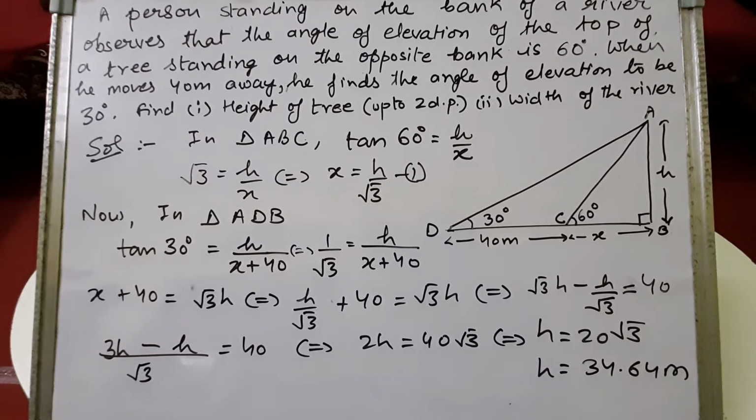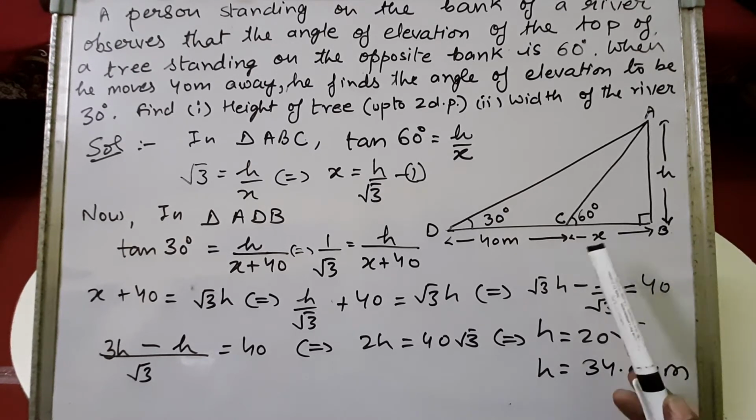Right? Two things we have to calculate: the height of the tree and the width of the river. So let's discuss this diagram that I've drawn. Let AB be a tree and BC be the width of the river. The height of the tree I have assumed as small h and the width of the river as x.